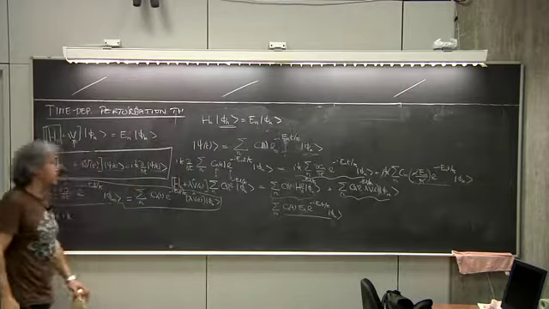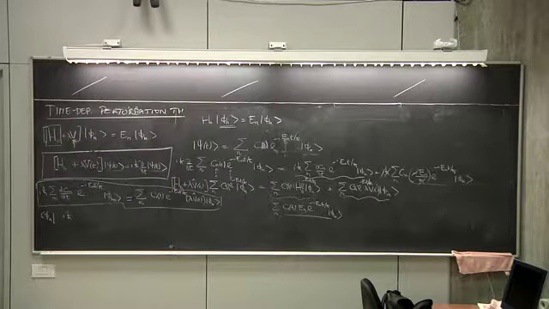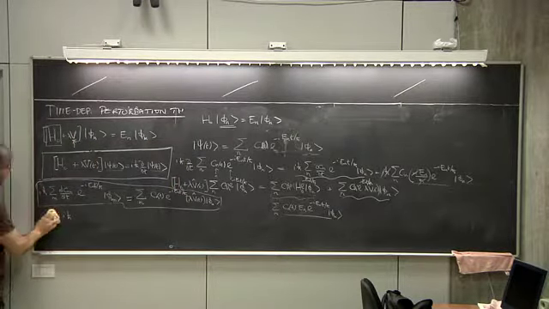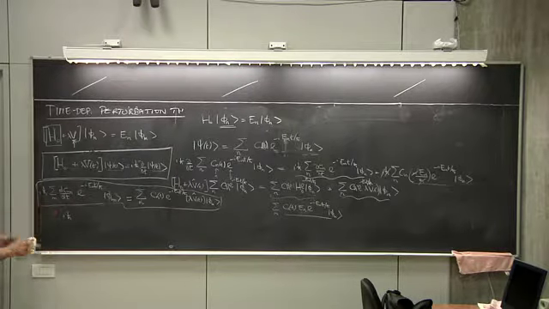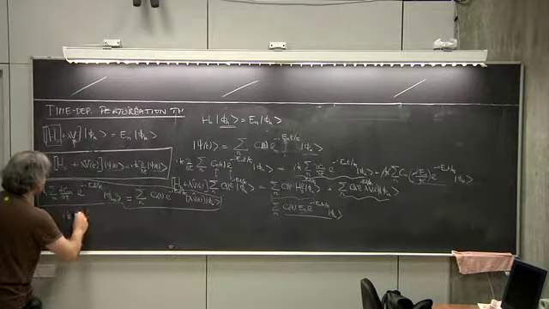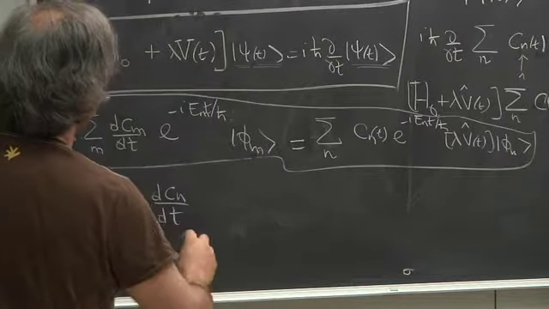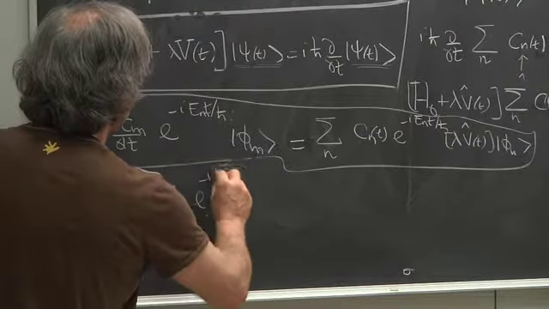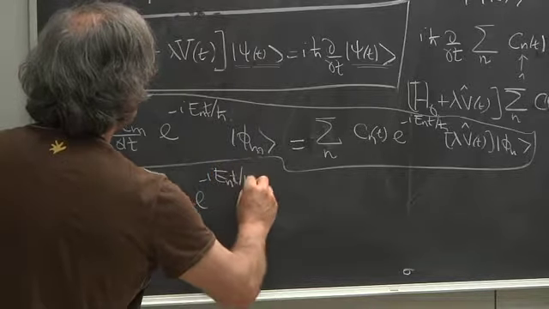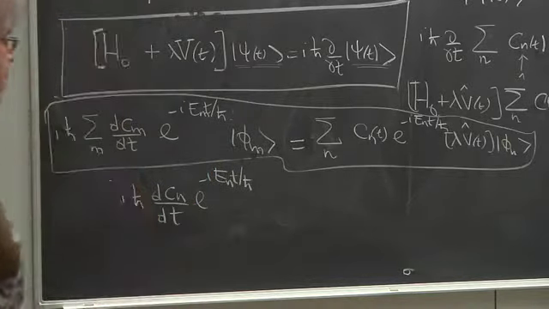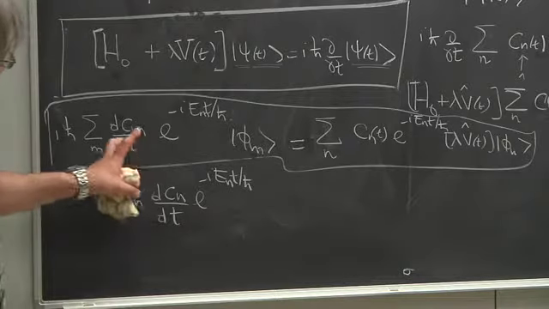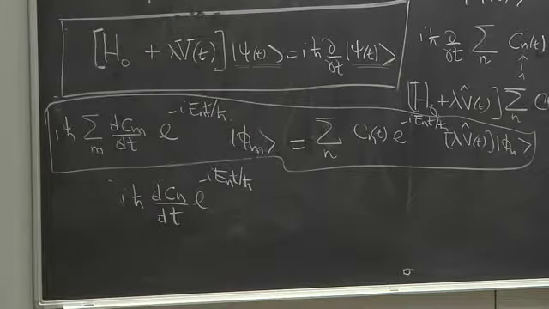Now, taking the scalar product on the left by phi n, here I get i h bar, the derivative of Cn in dt, e to the minus i En t over h bar, and nothing else. So I was able to just pick up only one term on the left.